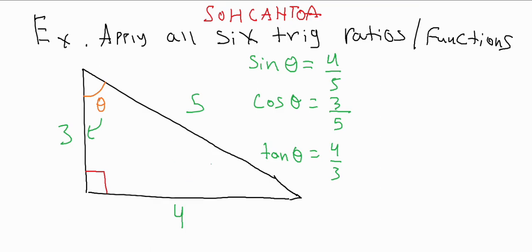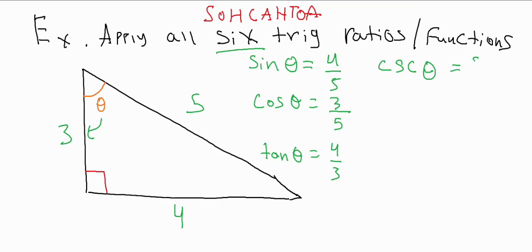Now, since it's all 6 trig ratios, you need to apply the other ones. Remember what contradicts sine: cosecant. Think of it as sounding like the opposite of sine. In that case, just switch the numerator and the denominator.